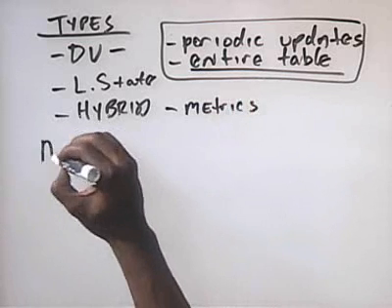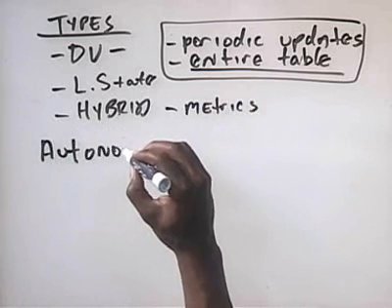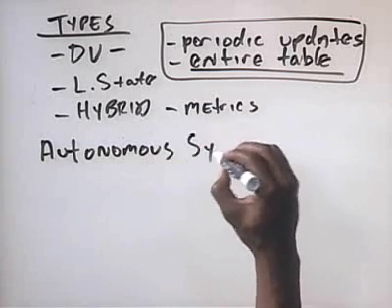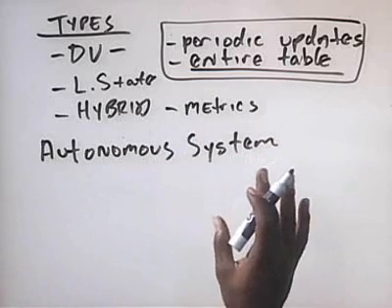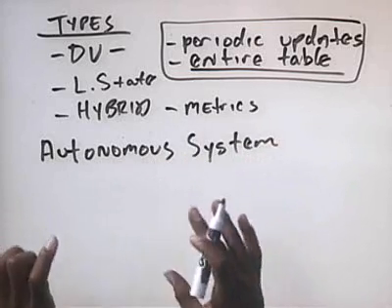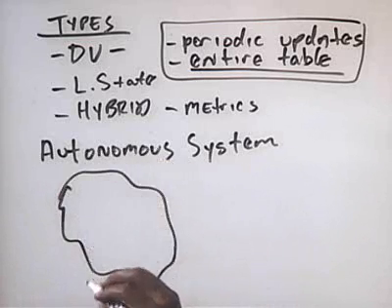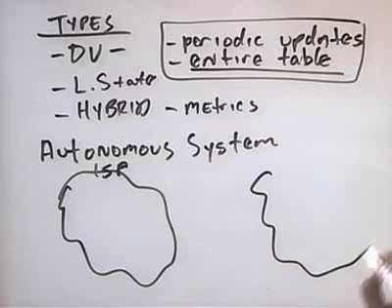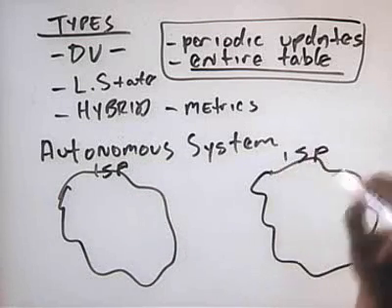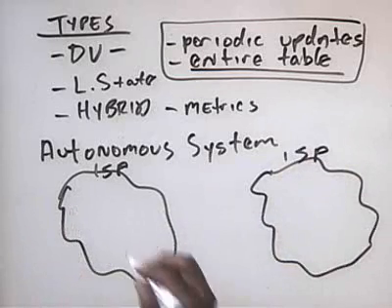Now, let's talk about another topic with routing protocols called the autonomous system. An autonomous system is a collection or grouping of routers under a common administrative domain. You can compare an autonomous system to an ISP. As a matter of fact, it's basically one of the main operations of autonomous systems.